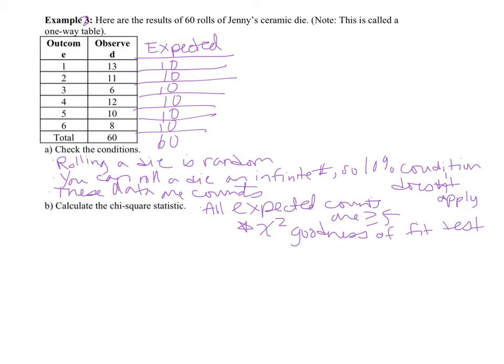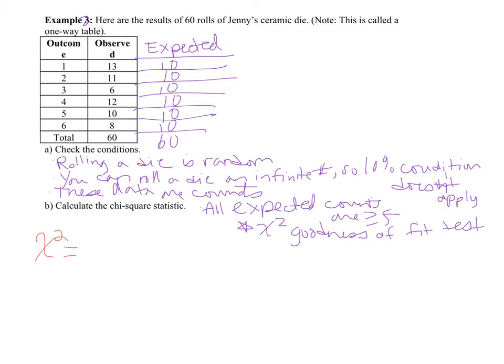So usually, most of the time when you see that, it's almost always going to be a goodness of fit test. Unless it's linear regression, that's the only other time you'll see two columns like that, but you won't see a total for that one. So just make sure that if you have a categorical variable and you see a table like that, it's a goodness of fit test. Okay, so we are now going to calculate the chi-squared statistic.